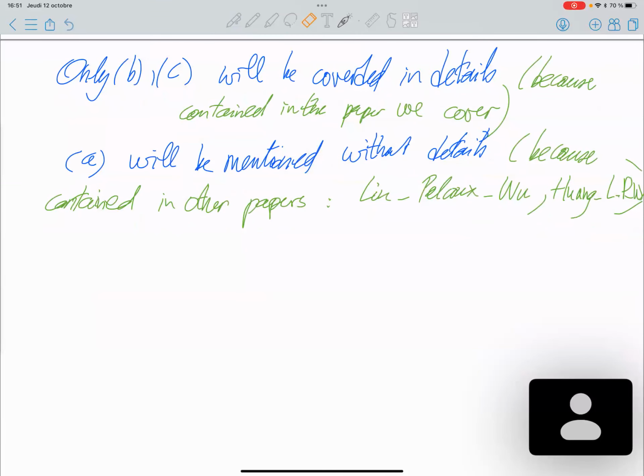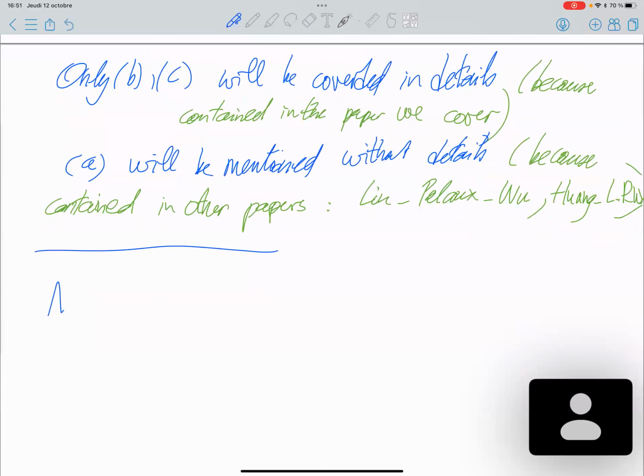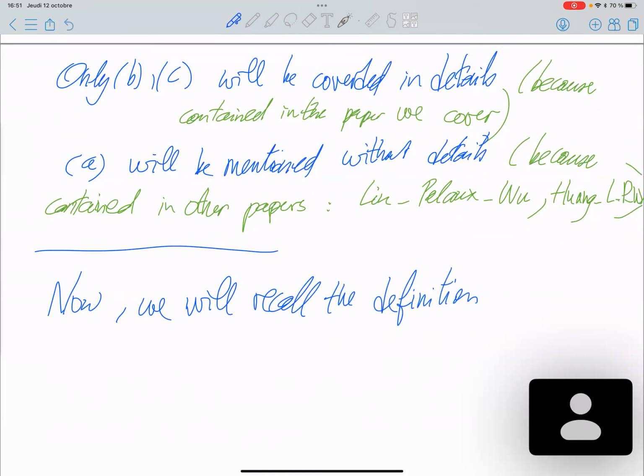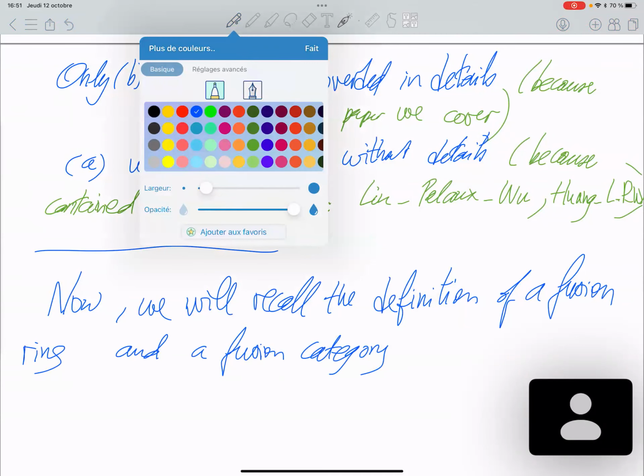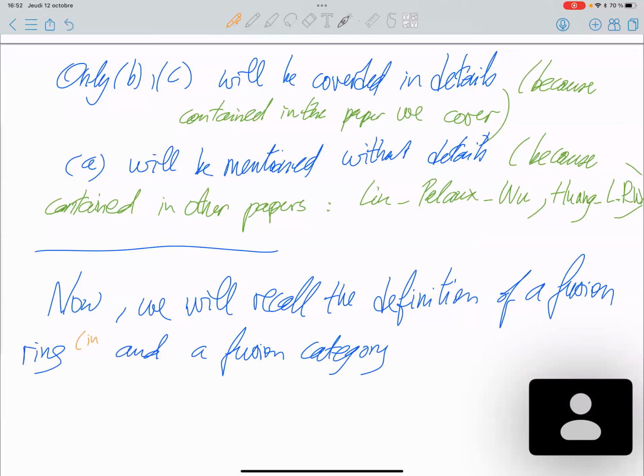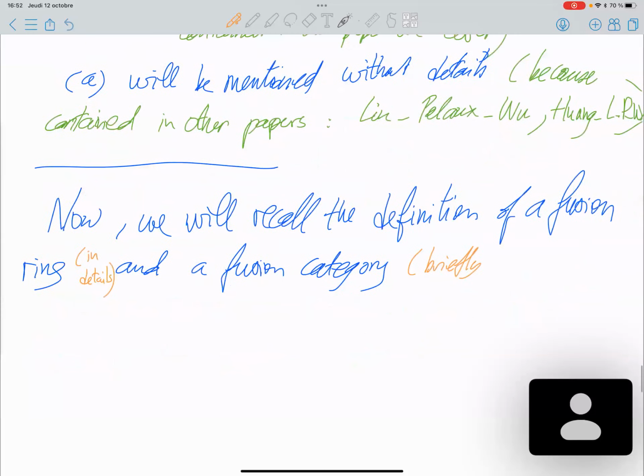So now we will recall the definition of a fusion ring and fusion category, in detail for the first and briefly for the other.